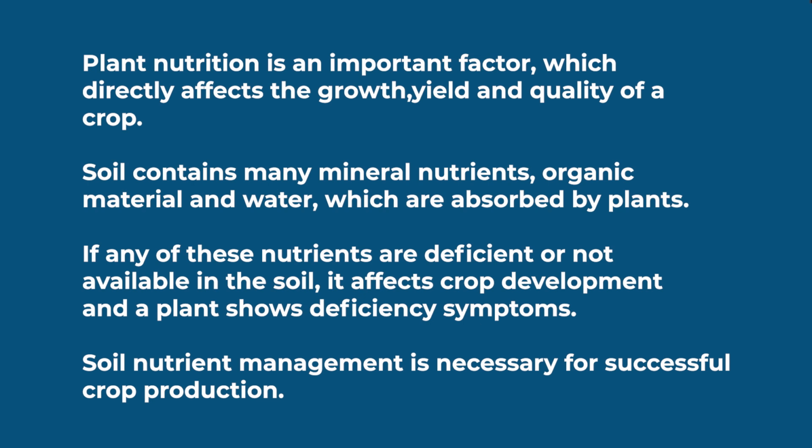Soil contains many mineral nutrients, organic material and water which are absorbed by plants. If any of these nutrients are deficient or not available in soil, it affects crop development and a plant shows deficiency symptoms. Therefore, soil nutrient management is necessary for successful crop production.